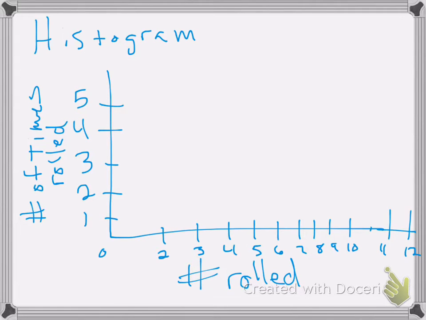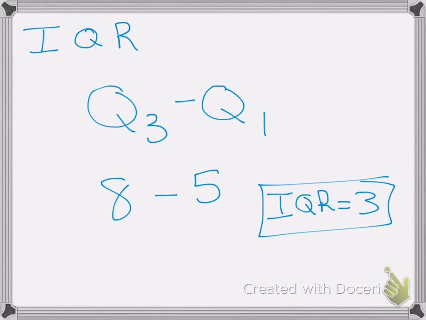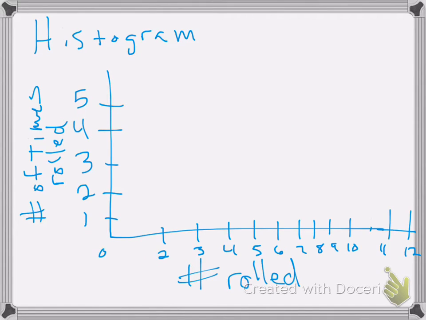So there's my 2. Okay. Did I roll a 2? No, I didn't roll a 2. 3, I didn't roll a 3, but I did roll a 4. So my 4, I'm going to put it, oh, it's a little bit high. 4, I'm going to put it 1.